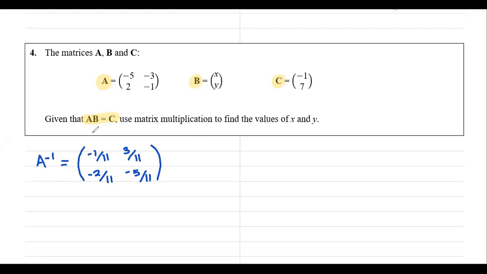Now, in order to solve the equation, we've got AB is equal to C. I'm just going to write that down. So just leave a bit of space there. We're going to use the property of an inverse matrix. So remember an inverse matrix. If I take the inverse of A, multiply it by A itself, I'm always going to get the identity matrix.